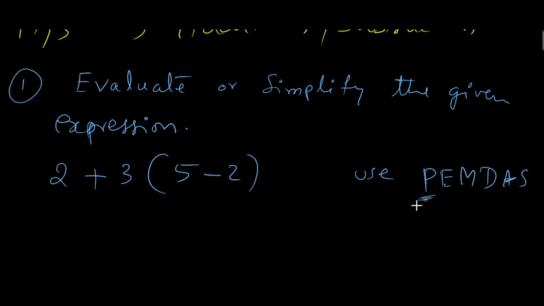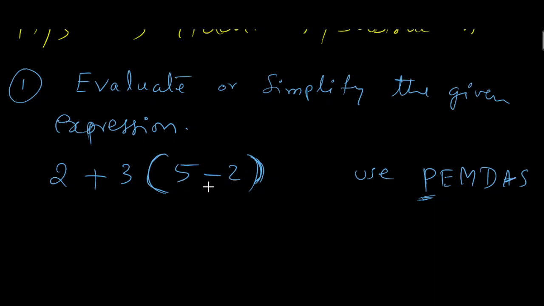P stands for parenthesis, so we evaluate the parenthesis first. This is the parenthesis, so whatever is inside the parenthesis we should evaluate, and once again inside the parenthesis we follow PEMDAS. Is there any parenthesis? No. Any exponents?